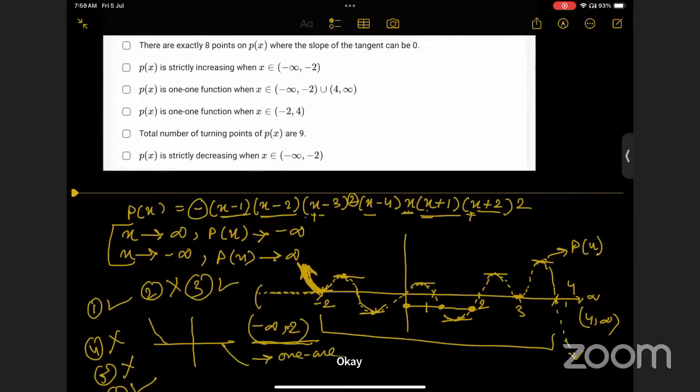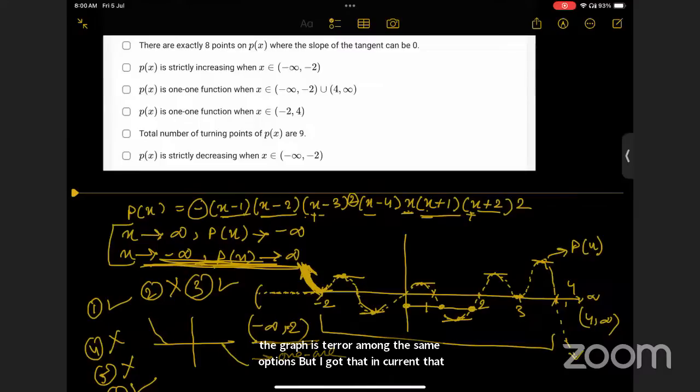When x tends to minus infinity, then P(x) tends to infinity, right? This is correct only, right? Yeah, this is correct. I had marked the same options as yours, but I got that incorrect. That's why I'm asking. Okay, got it. So there may be some mistake. I will check with the answer again.